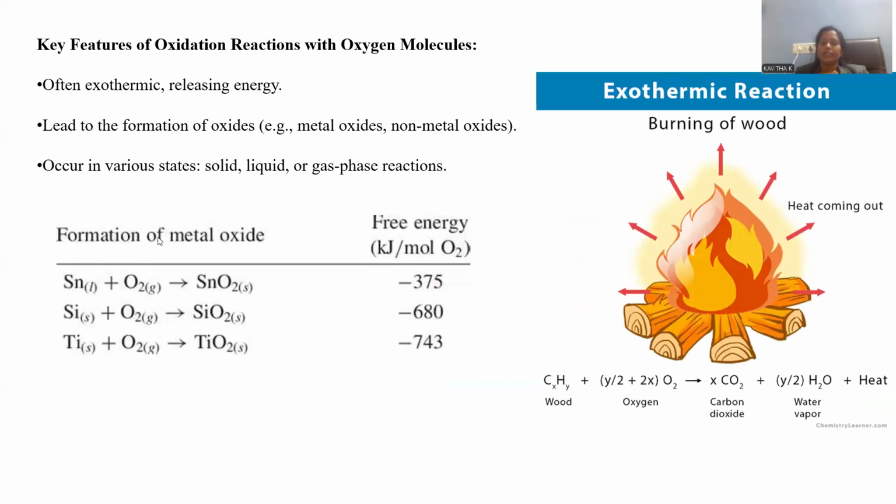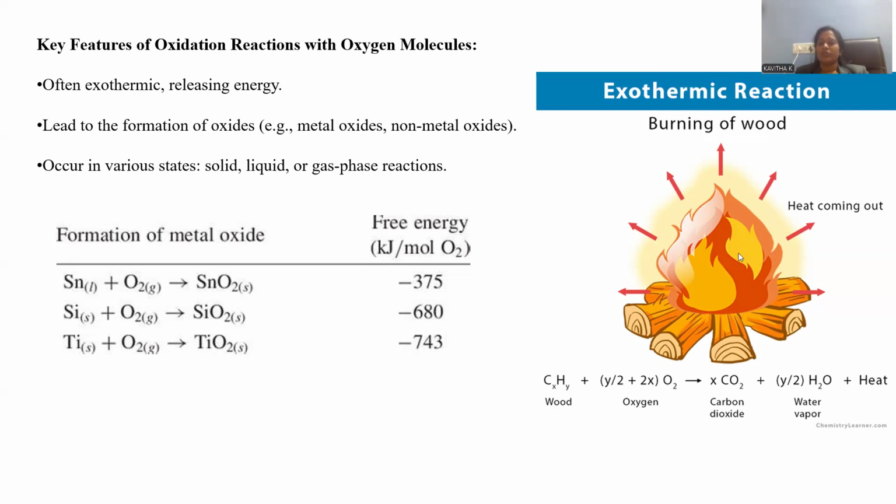Now we entered into another segment. This is the observation of key features of oxidation reactions which involve oxygen as the oxidizing agent. Whenever oxygen-added oxidations are carried out, they are often said to be exothermic in nature. During the oxidation process, a huge amount of heat is evolved.